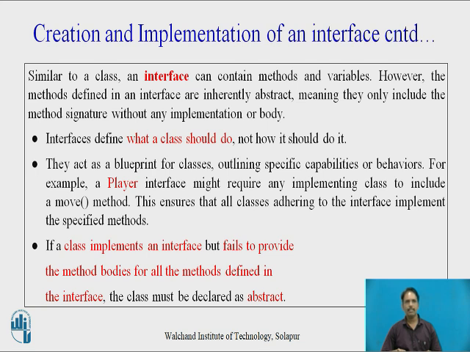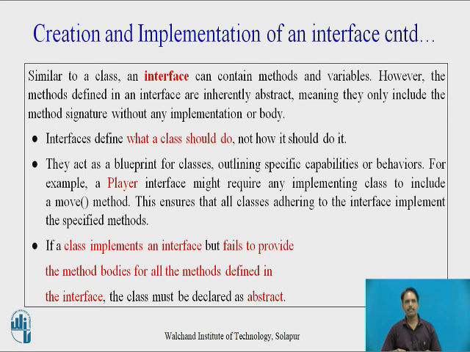So what exactly does an interface mean? Once again, it is similar to a class. An interface can contain methods and variables. Basically an interface contains a set of methods, all abstract, and some constant variables. The methods defined in an interface are by default, or inherently, abstract in nature, meaning they include only the method signature without any implementation, or any body part.